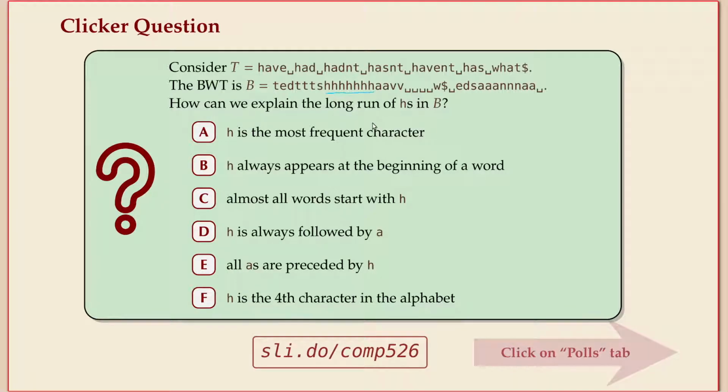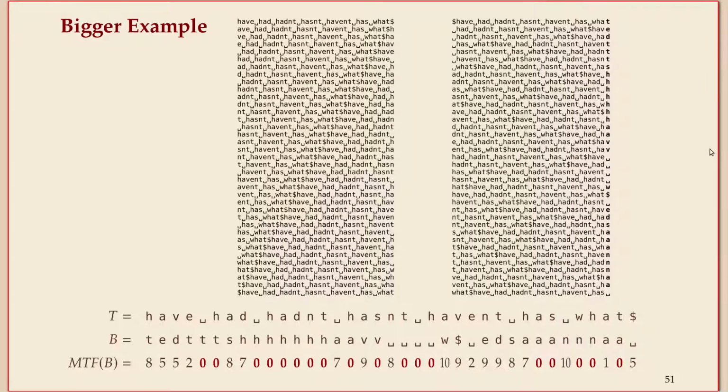How can we explain this run of H's? And be very careful about how to argue about this, because several of these answers make sense, but they're not necessarily all correct. And again, I left this here because it's insightful to look at this run of H's. It's the same here.